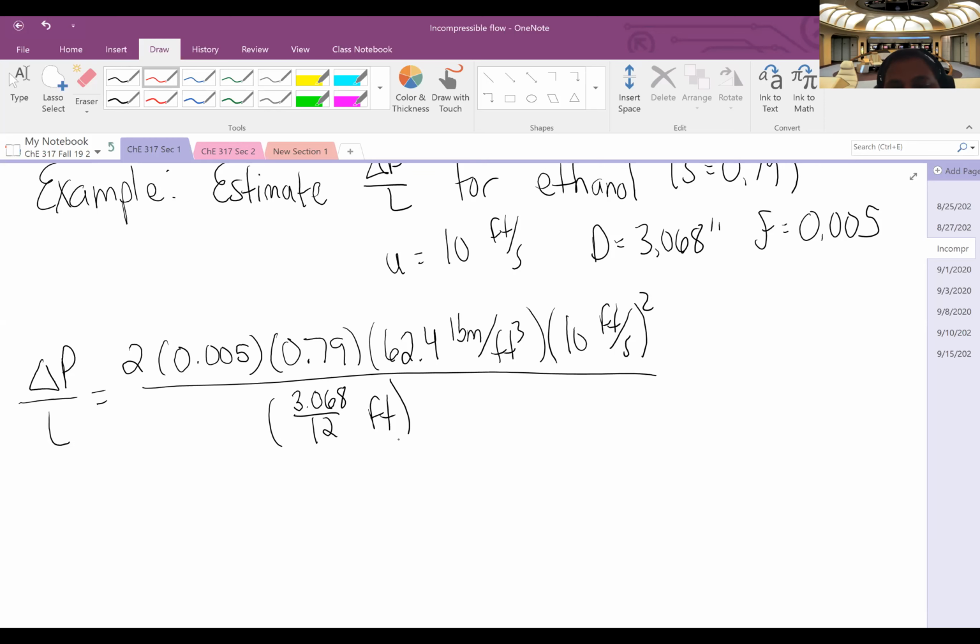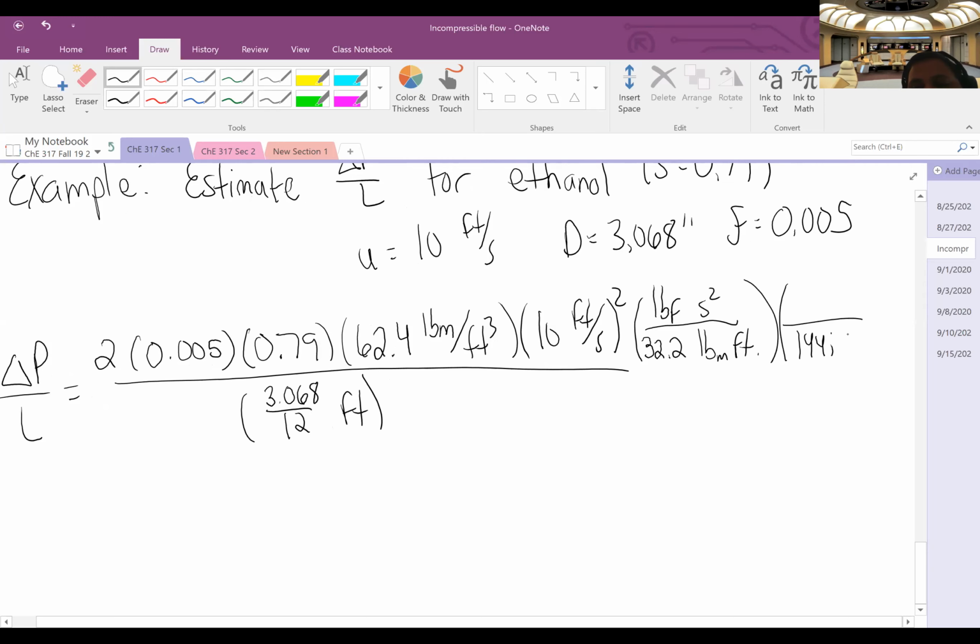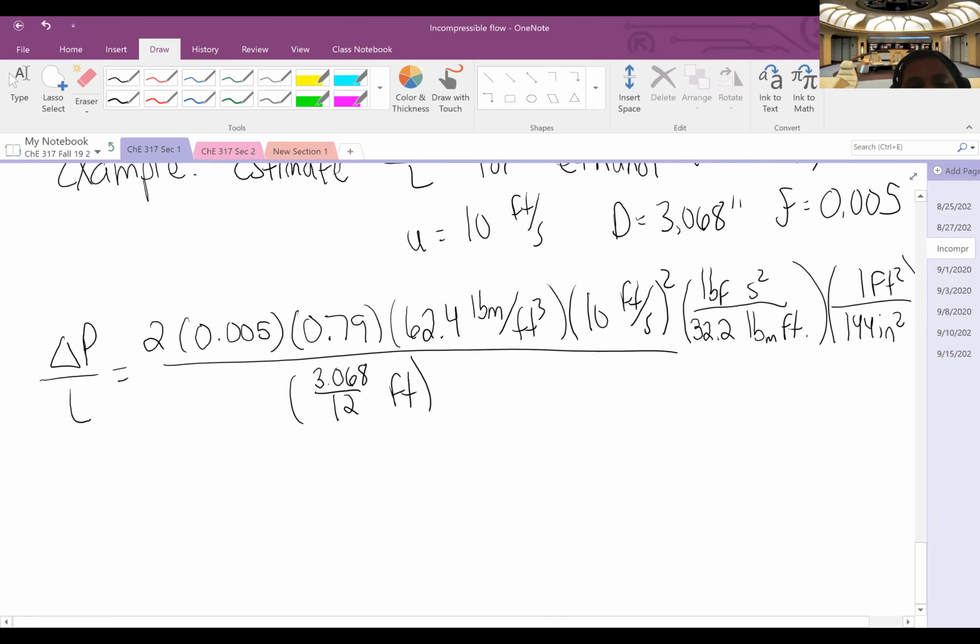If I divide by 32.2 pound mass feet per pound force second squared, and then I divide by 144 inches squared in a foot squared, this will leave me my answer in PSI, or pound force per inch squared per foot. In doing that calculation, I should get approximately 0.04 PSI per foot.